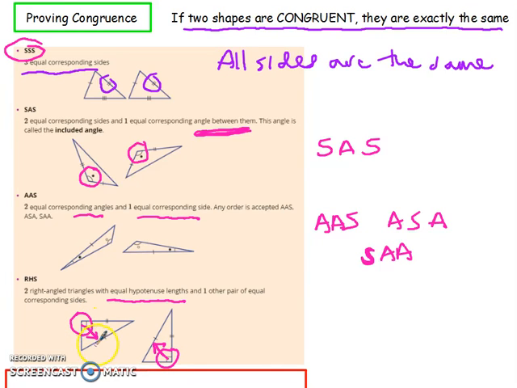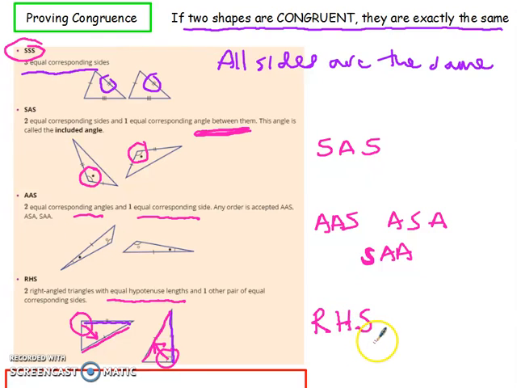So if the hypotenuse in your two triangles match, they're the same length, and then you know one other side is the same length, then you can say that we have congruence. We say we've got a right angle, the hypotenuse is the same length, and one other side is the same length. So we call that an RHS proof.